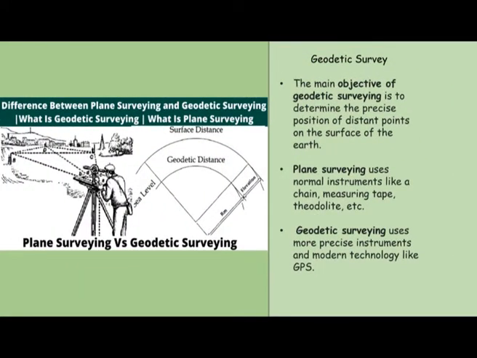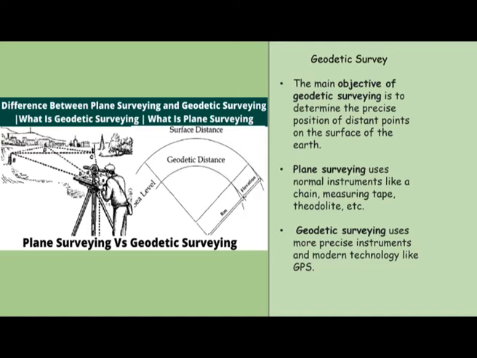So basically friends, you can see the geodetic survey is one in which account is taken of, and correction made for, the curvature of the earth's surface. According to this picture, you can clearly distinguish both surveys, which are plane table survey and geodetic survey. The main objective of geodetic surveying is to determine the precise position of distant points on the surface of the earth.